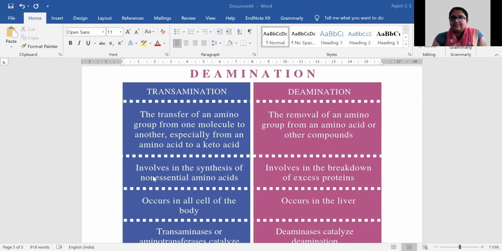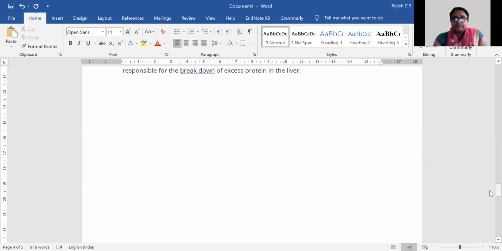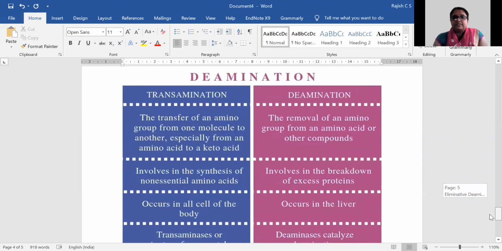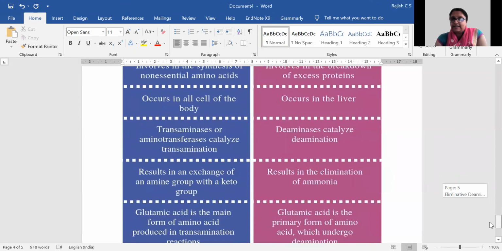Now, transamination is involved in the synthesis of non-essential amino acids, whereas deamination is involved in the breakdown of excess proteins. Transamination occurs in all cells of the body, whereas deamination occurs in the liver, where the ammonia is readily shuttled to the urea cycle. The enzymes involved in transamination are transaminases, also known as aminotransferases.